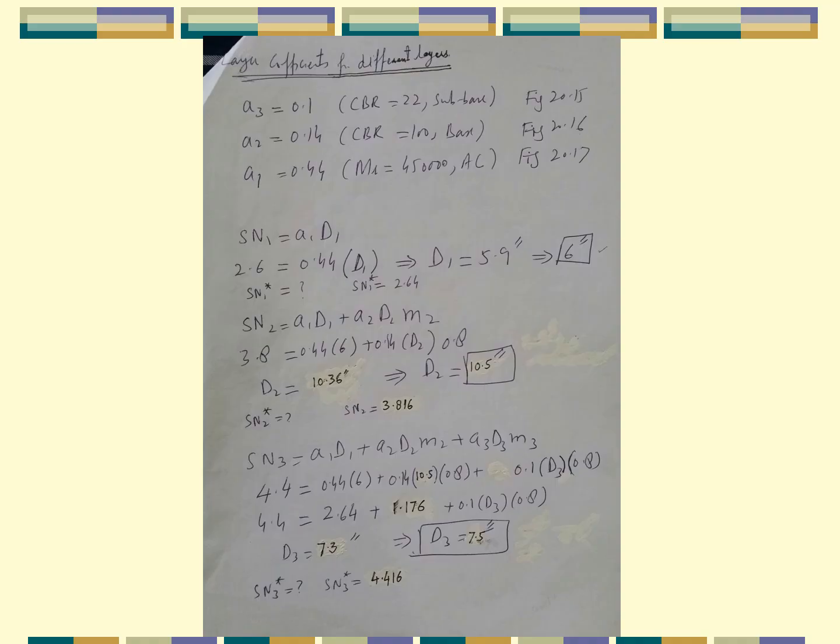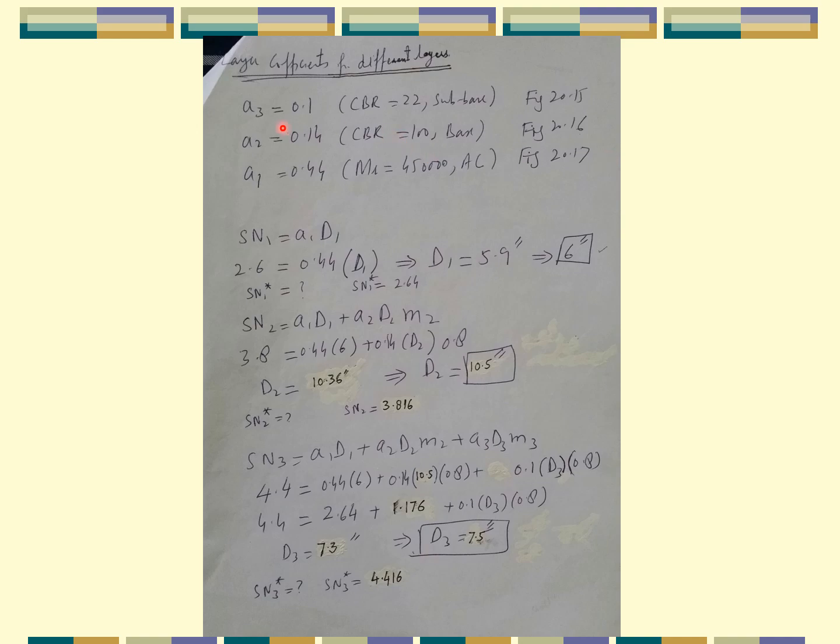And here you can see the layer coefficients of different layers. A3 is 0.1, A2 is 0.14 and A1 is 0.44. In fact, we have got these structural coefficients by using figures 20.15, 20.16 and 20.17.